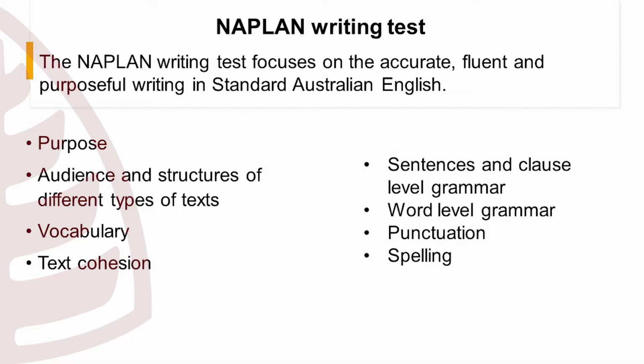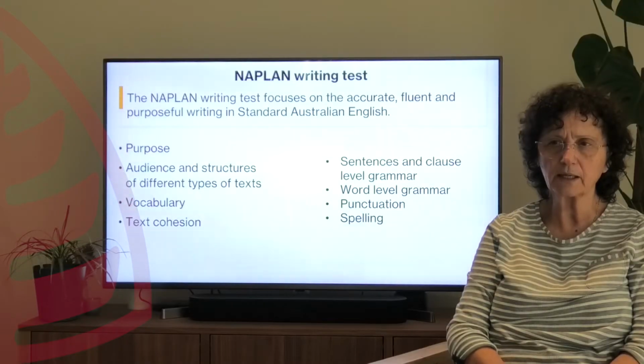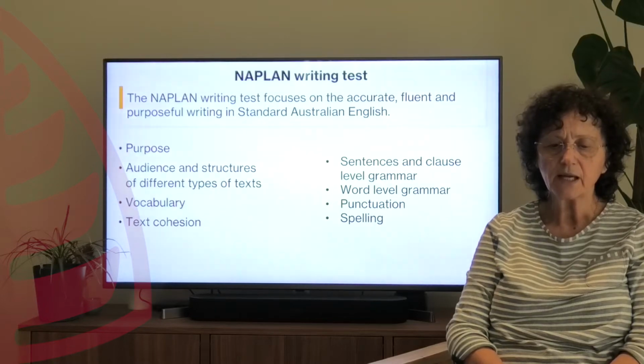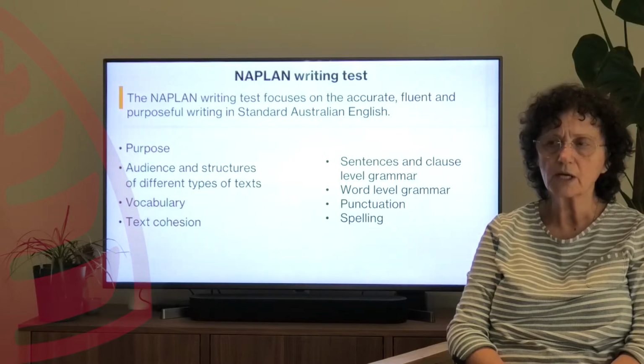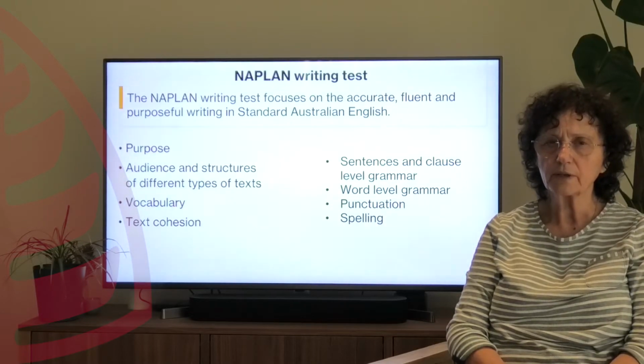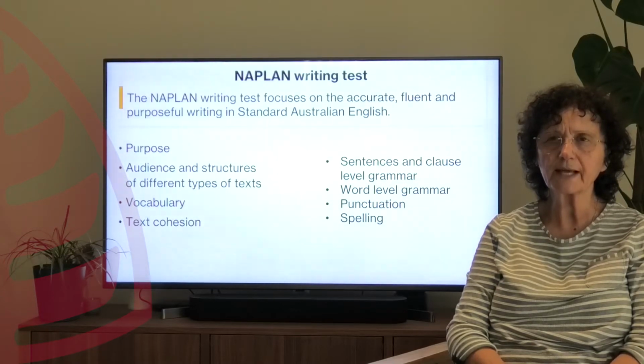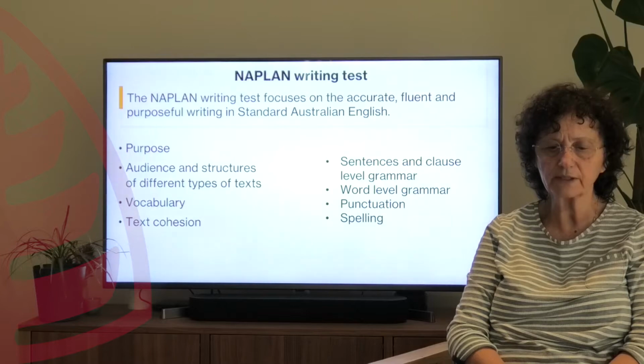Can they achieve text cohesion so that a reader of their text can make sense of the text? Are they confident with sentence and clause level grammar so that their sentences, being the smallest unit of a text, make complete meaning and allow the reader to make meaning of the text?